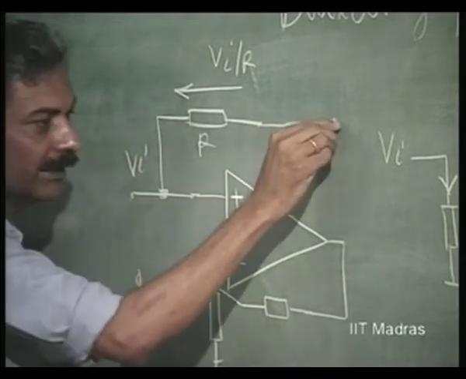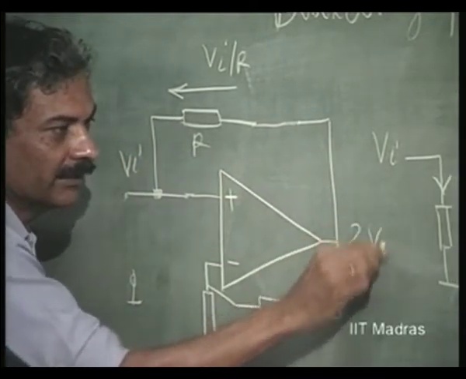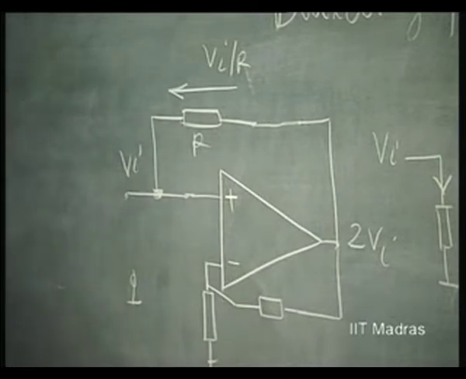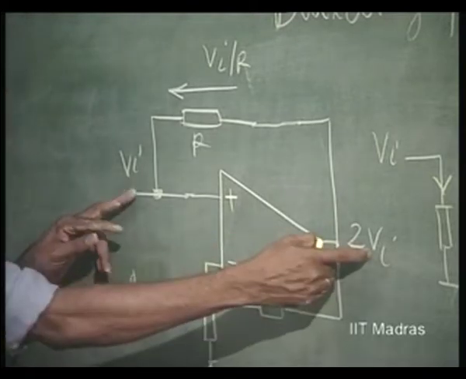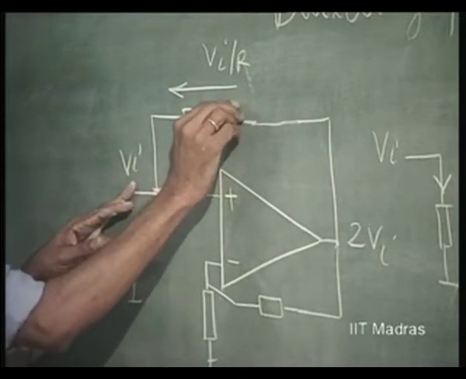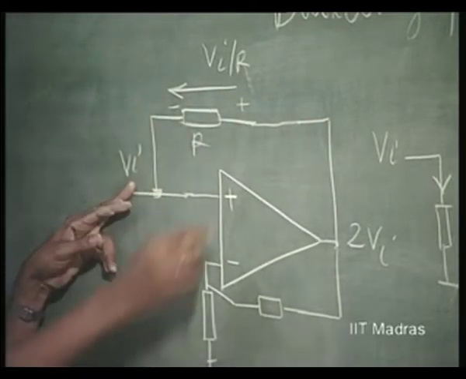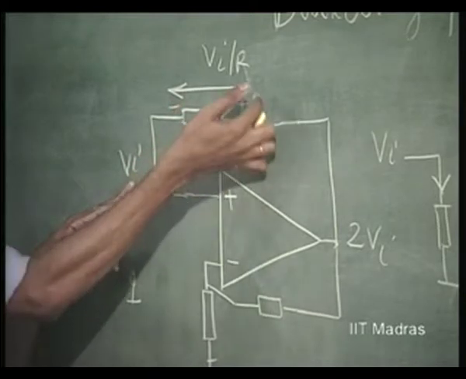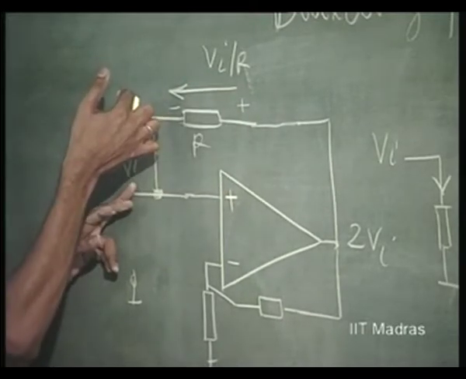That means the potential here has to be twice VI. Is this clear? This is twice VI, this is VI. So, the potential difference is plus here, minus here, of VI, and the current will be VI by R in this direction.